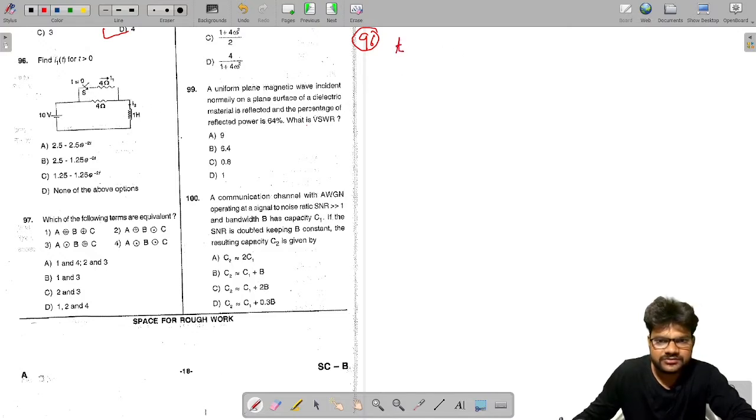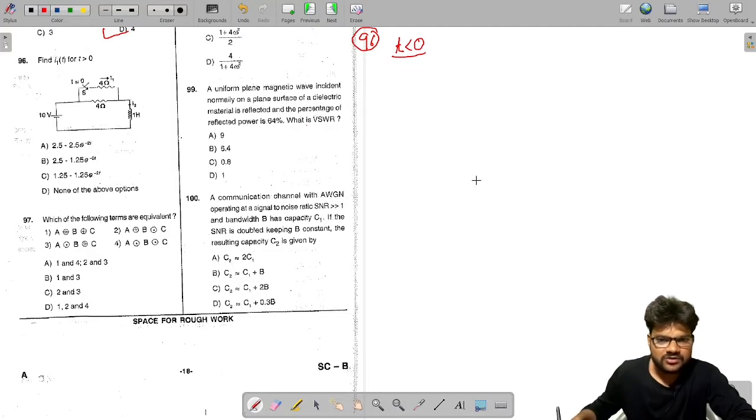So let us analyze at t less than 0. At t less than 0 this switch was open, and this inductor was connected with this 10 volt battery through this 4 ohm. For a long time this inductor was connected with this battery, so this inductor will be fully charged, and at steady state this inductor will be shorted.